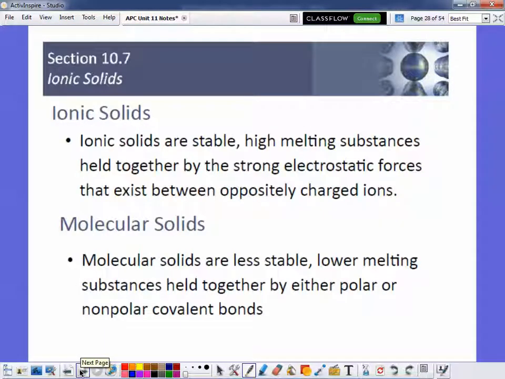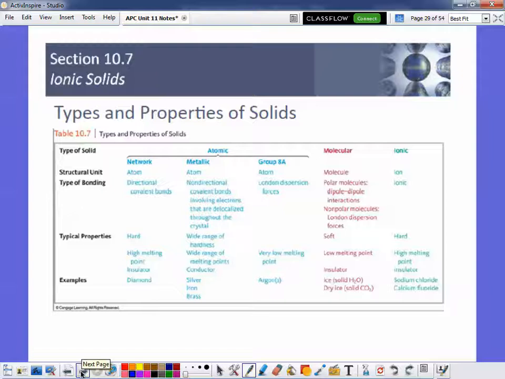All right, again, this is just more FYI. We kind of already went through this. And then the very last thing under this portion is this chart, which is the chart we filled in to begin with, just already filled in. But you learn it better when you write it down yourself, okay? All right, so I'm going to stop the video here and then restart recording for the next one.